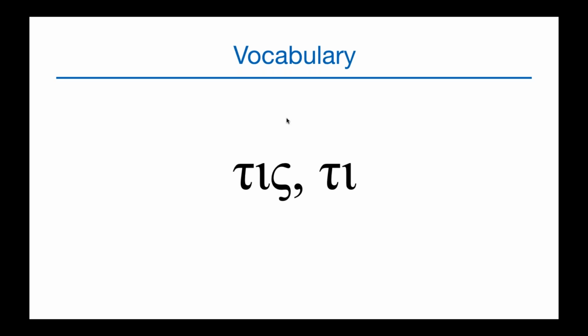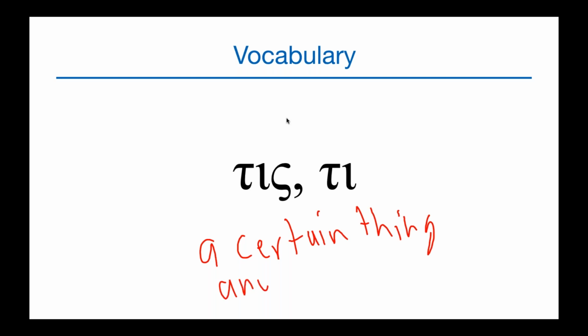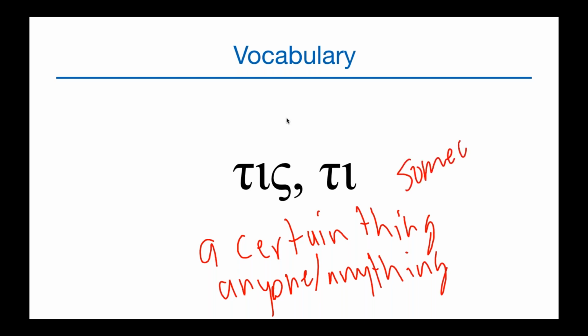This one does not have an accent. So this is the indefinite. This is a certain thing, anyone, anything, or someone, something.